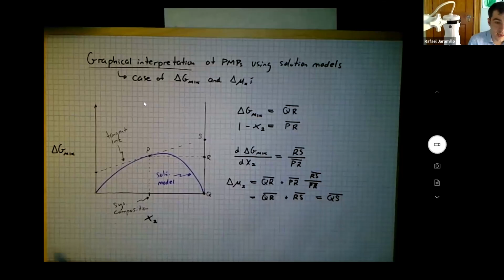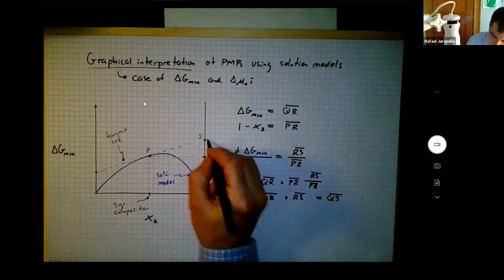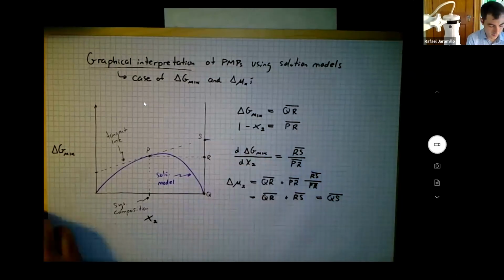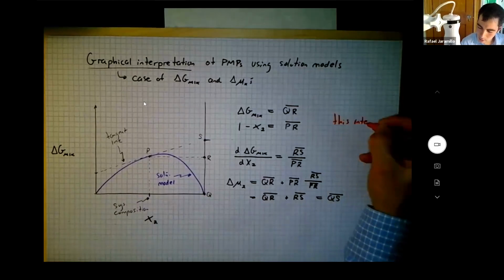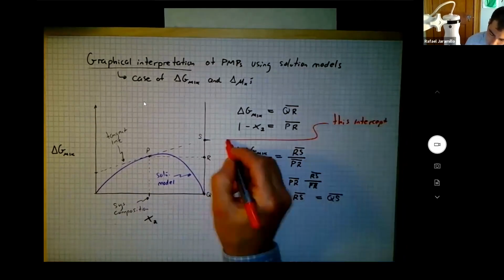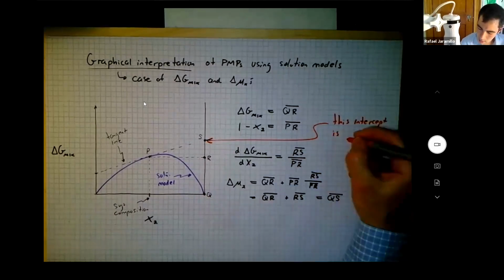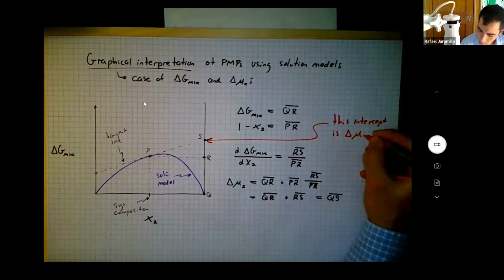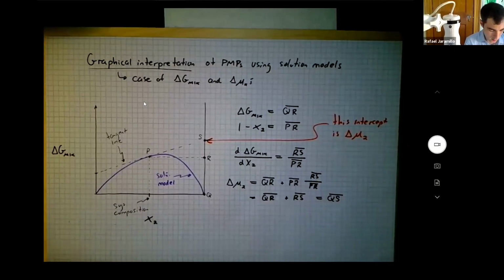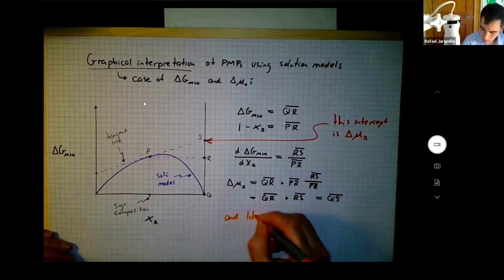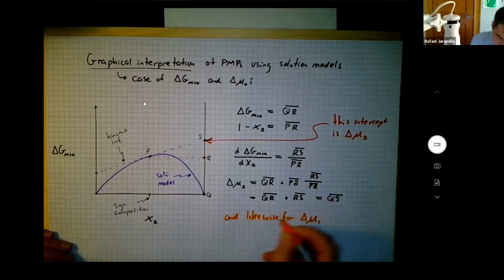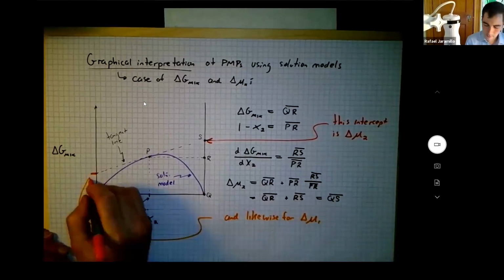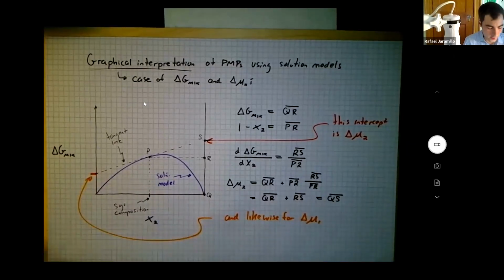It means that this intercept is delta mu 2. And likewise for delta mu 1, the intercept over here is delta mu 1.